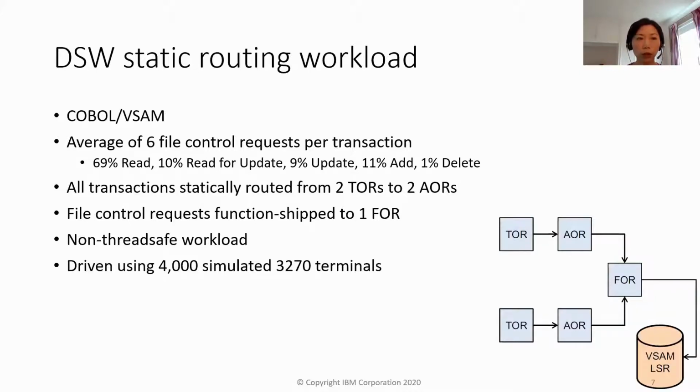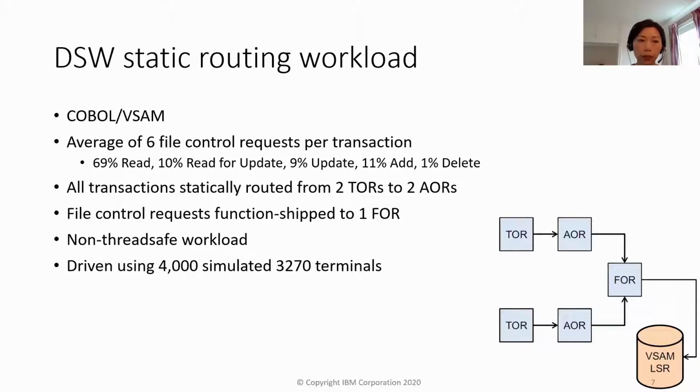I'm going to show you two kinds of workload. The first one we call a static routing workload. It's mainly a COBOL and JVM application. It represents a lot of our customers' existing applications that have run for many years in their production environments.